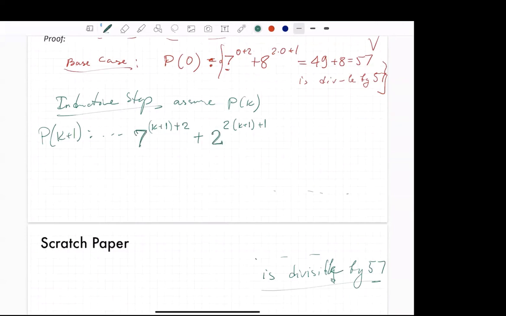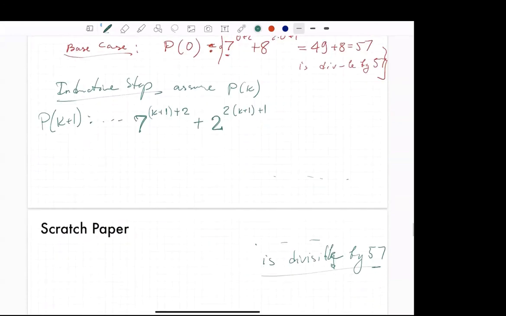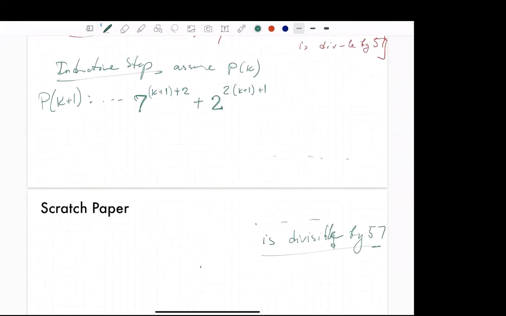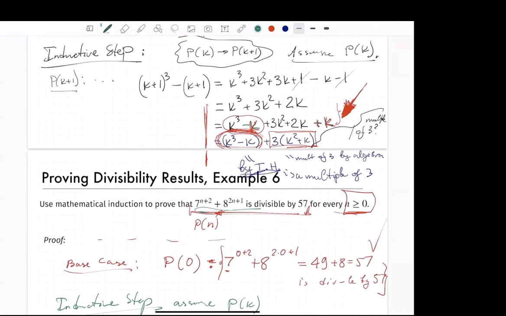Okay, and I get to use the inductive hypothesis. That is the fact that 7 to the k plus 2 plus, oh, why did I write 2 here? Isn't that 8? Yeah.